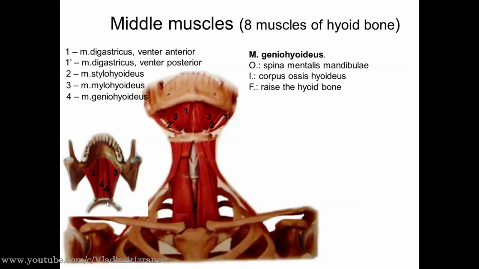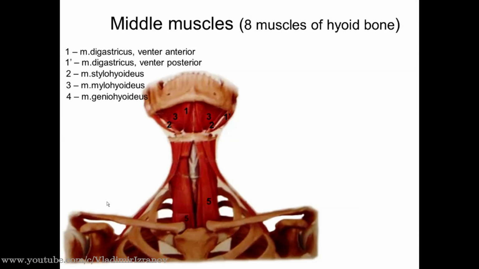Also, during swallowing, it's necessary to raise the hyoid bone. So, 4 muscles are placed above the hyoid bone: musculus digastricus, musculus stylohyoidus, musculus mylohyoidus, and musculus geniohyoidus. All of them are numbered in our picture. And continue.